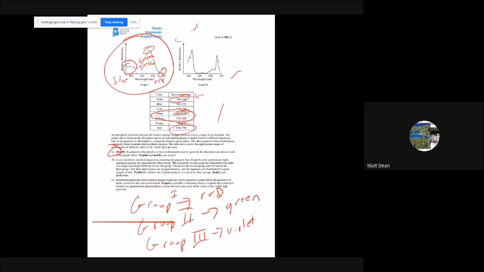Because we know this plant has chlorophyll, it's best at absorbing around 430. It's second best at absorbing around the red, 650. And it's really terrible at absorbing in here. So I'm hoping that you see that group 3 is going to do photosynthesis the fastest because this pigment is best at absorbing violet light, and therefore it will have the most energy to do photosynthesis.